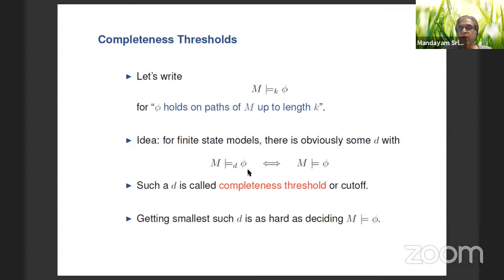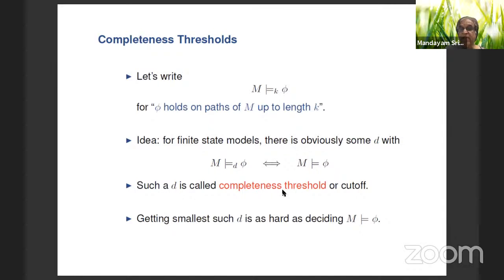For finite state models, these counterexample paths all lasso at some point, and the length of the lasso is finite. So for finite things, the counterexample eventually has to be a finite length lasso.